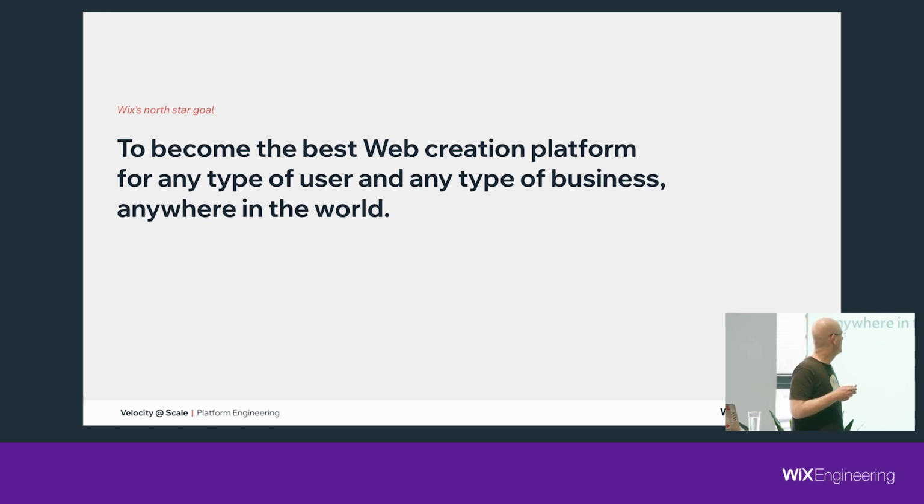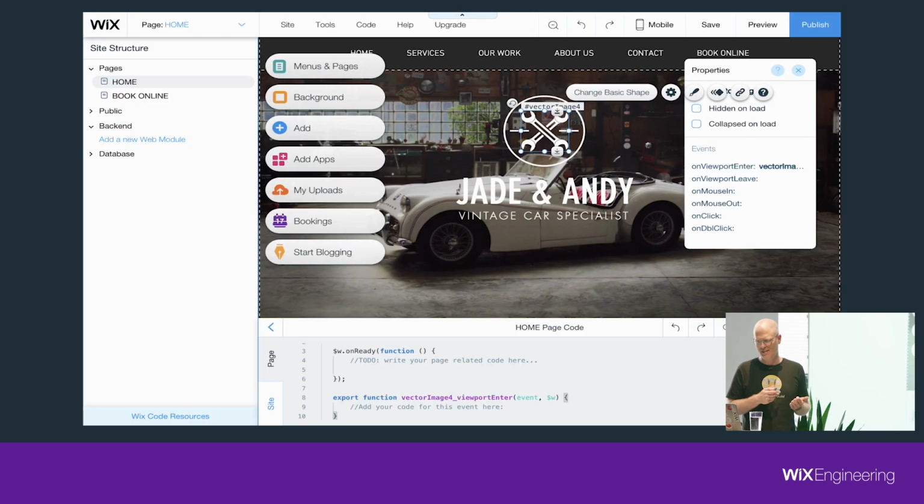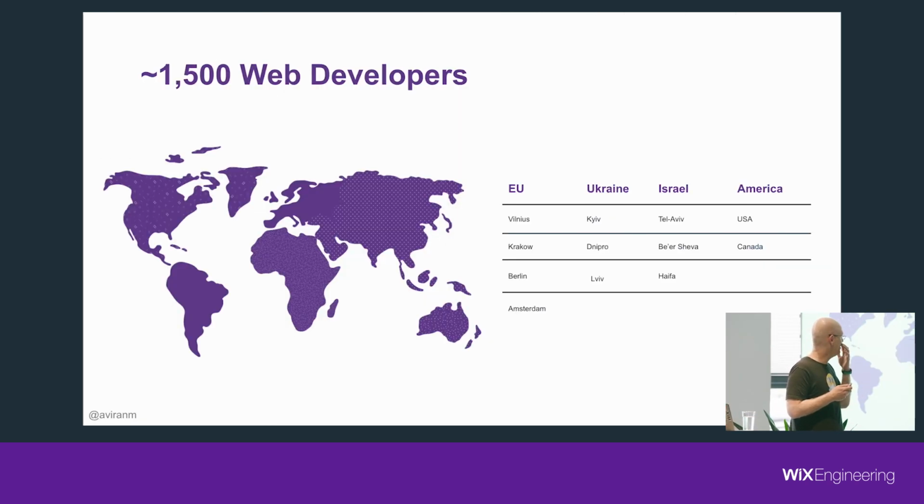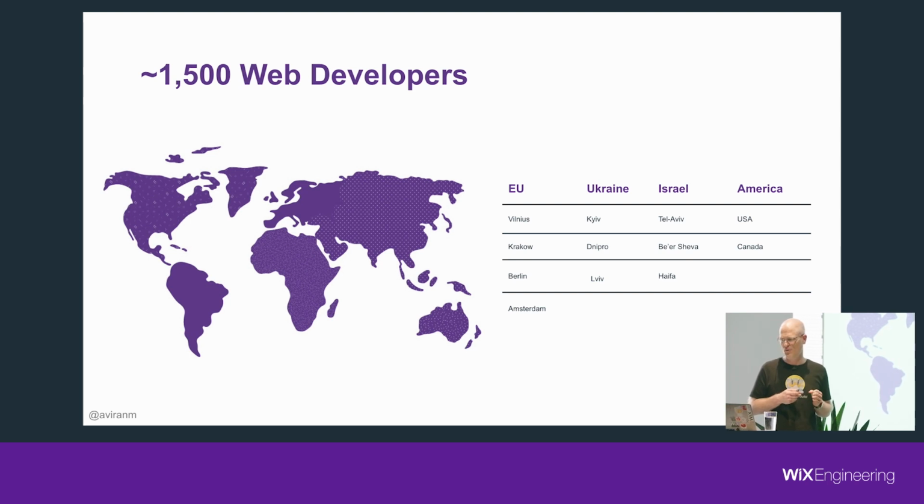It can be from site building, logo maker, campaign shoutouts, SEO, whatever they need. And it's either stuff that we build or customers build and then upload to our app store, which is also possible. And regarding our size, we are 1,500 engineers, geographically distributed between Europe, Ukraine, Israel, and America.